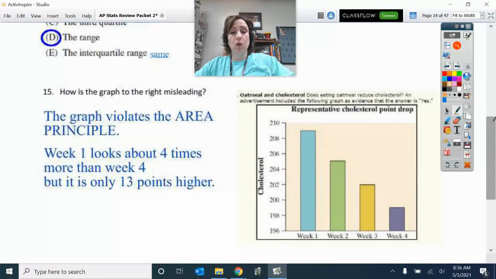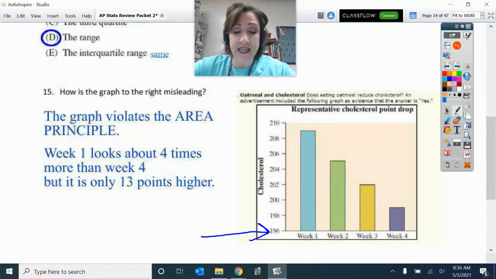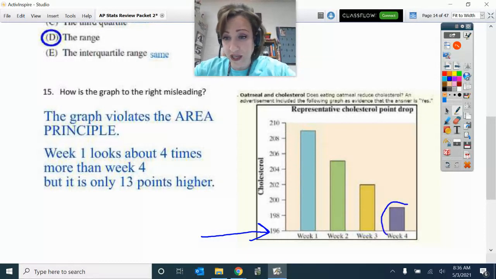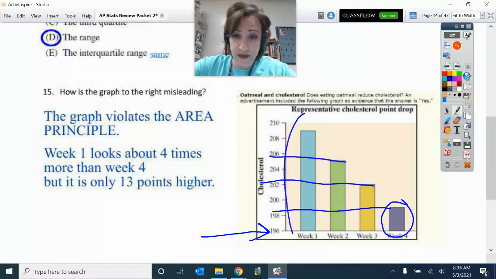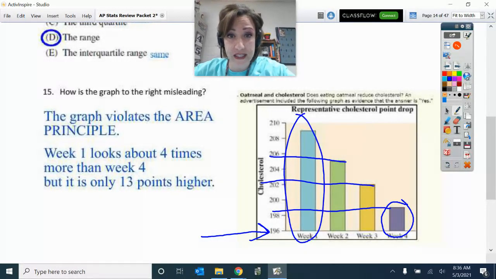All right, so why is this misleading? Well, look, it is starting at 196. Since it's starting at 196, look at week 4. It looks to be a fourth as much as week 1, but it's not.